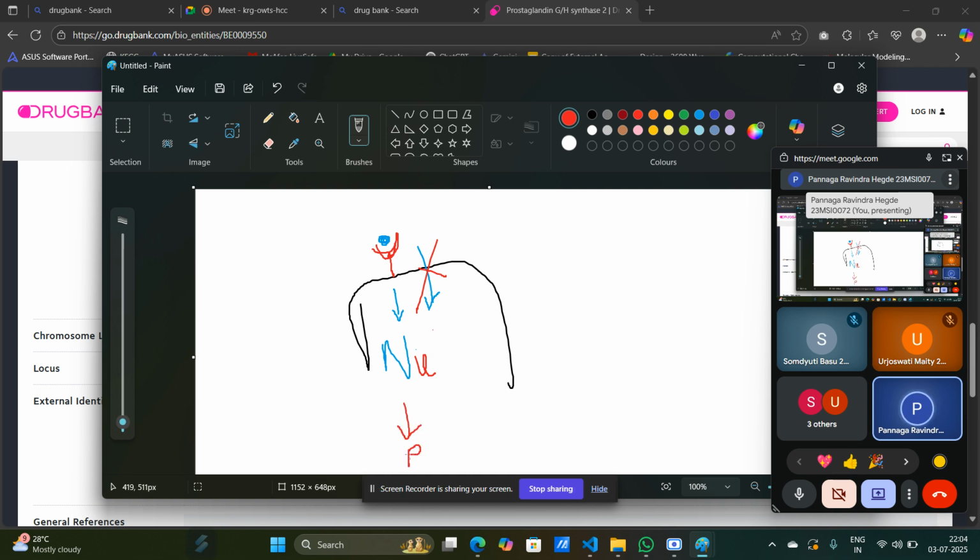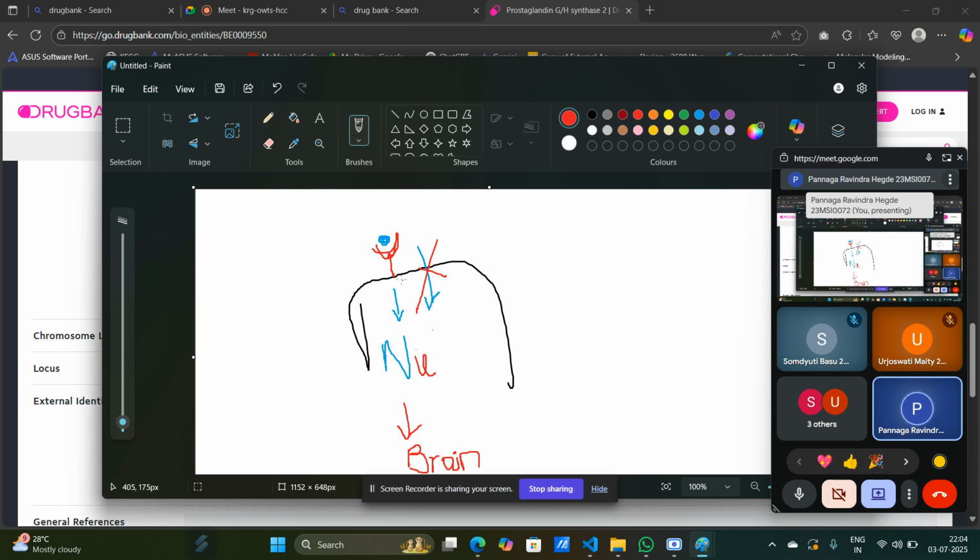Once it reaches the brain, pain will be sensed. We also have one more type of nervous system, right? Even before reaching the brain, we react. The system of the brain which is controlling the reflex pathways.